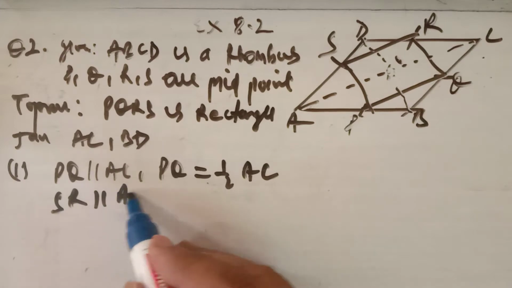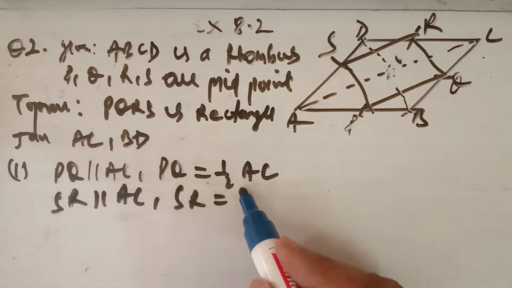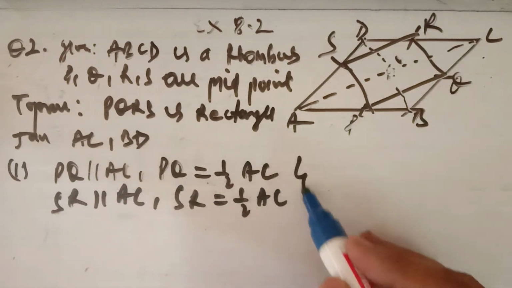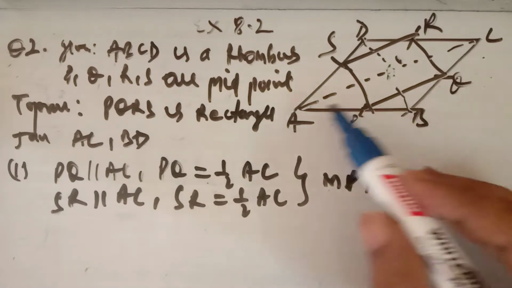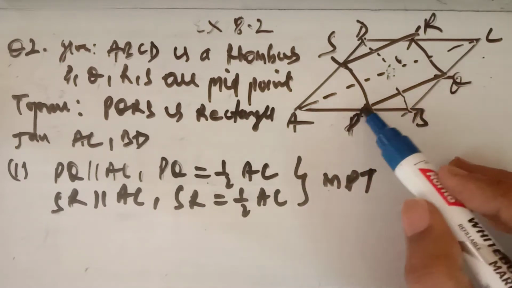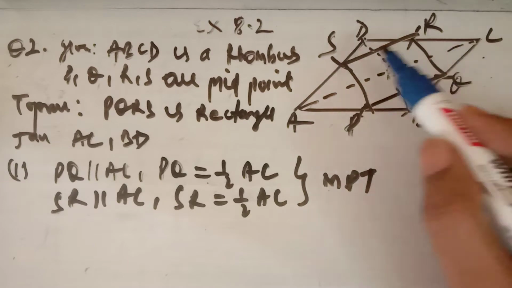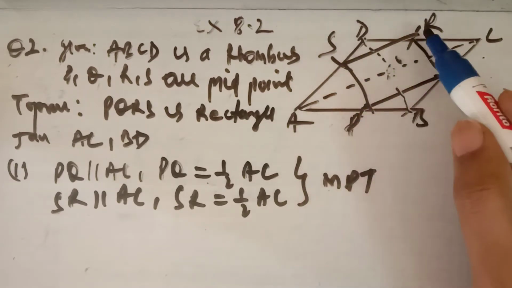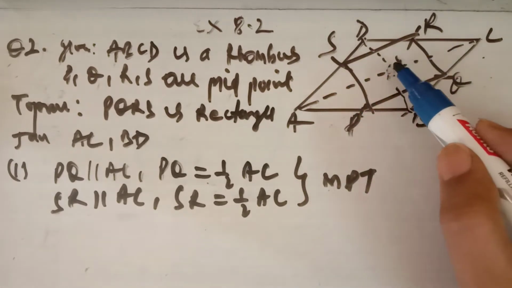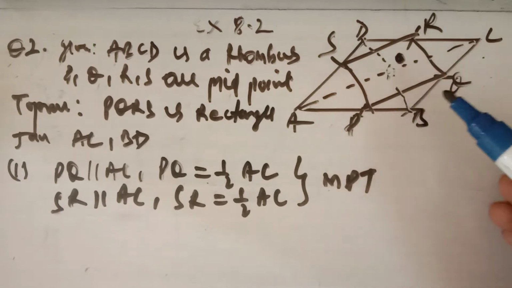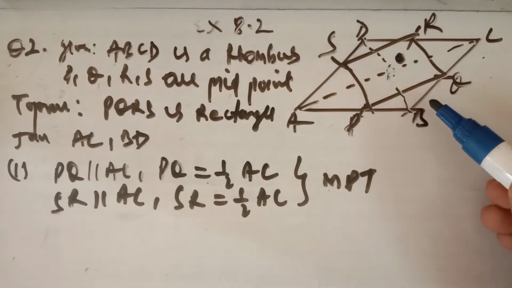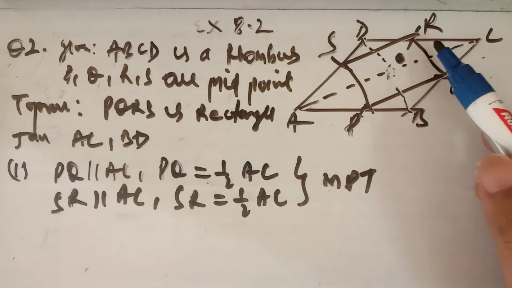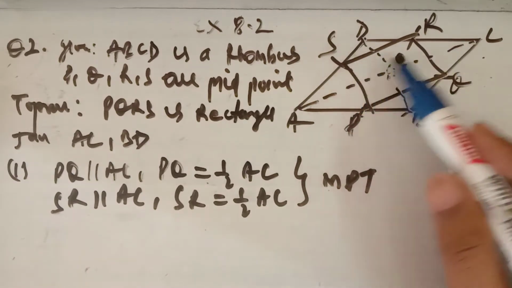SR is parallel to AC and SR is equal to half of AC. In triangle ABC, P and Q are the midpoints, so PQ is parallel to AC, and in triangle DAC, S and R are the midpoints of AD and DC, so SR is parallel to AC.